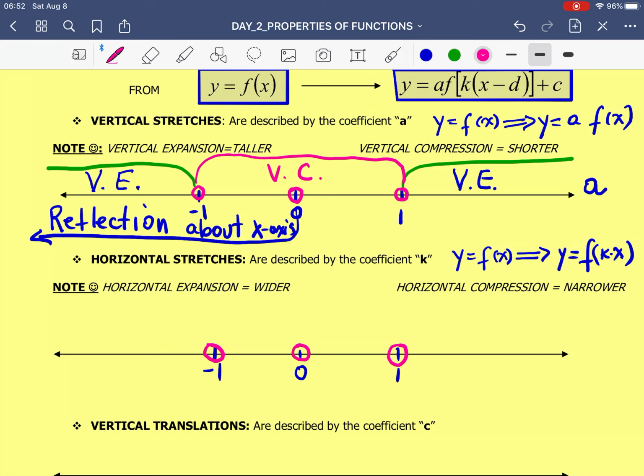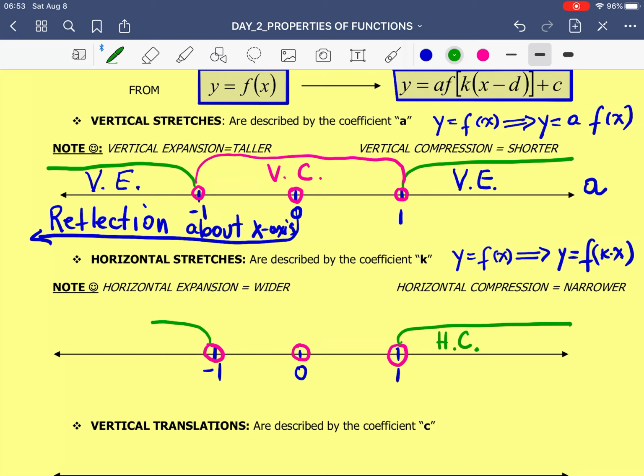If k is bigger than 1, we are going to say that the function will undergo what we call a horizontal compression. And that's because the same y values will be reached for smaller values of x that will cause the function to compress in the horizontal direction. The height of the graph will not change. It's just the compression in the horizontal direction.